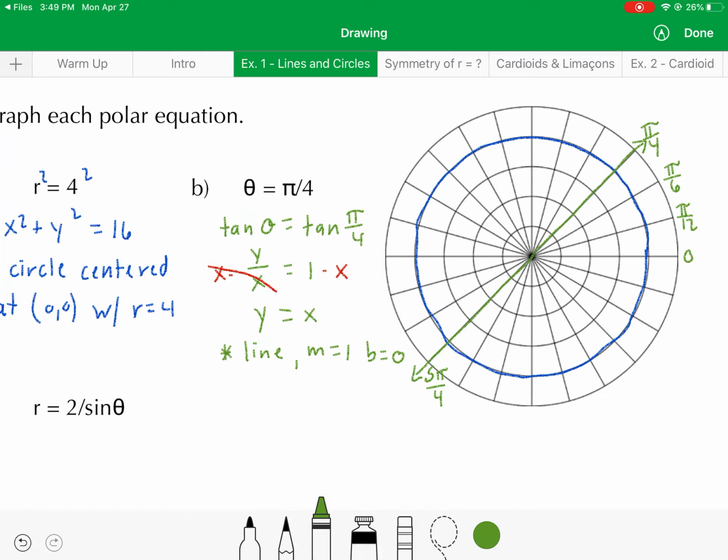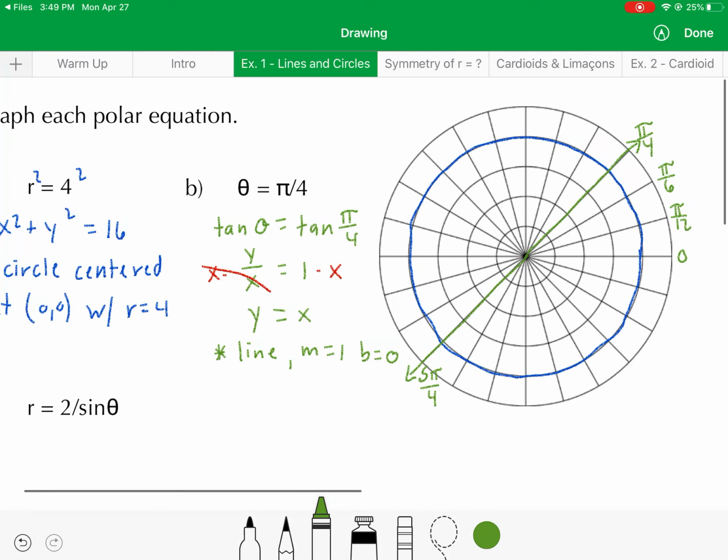But here's where you have to understand how to plot points whose r values are negative. Okay, so for example, let's say I wanted to plot the point negative 2, pi over 4. We would sweep out the pi over 4. It would take us on the terminal side of the angle for pi over 4.